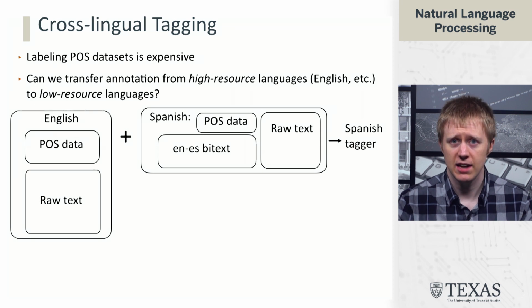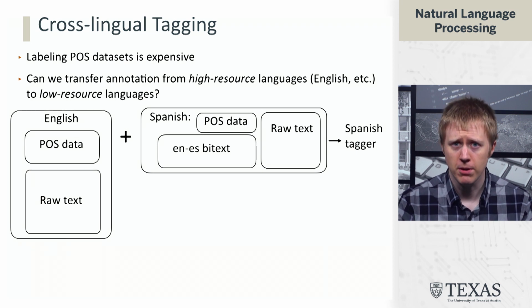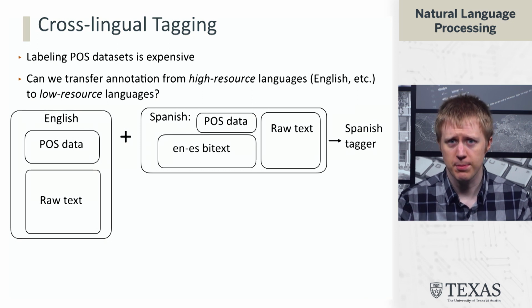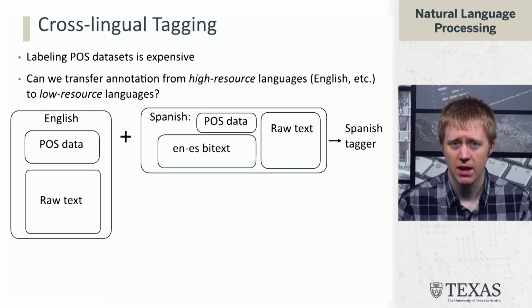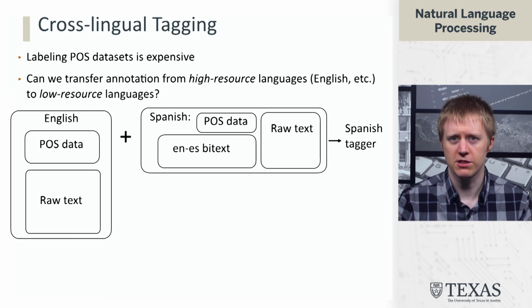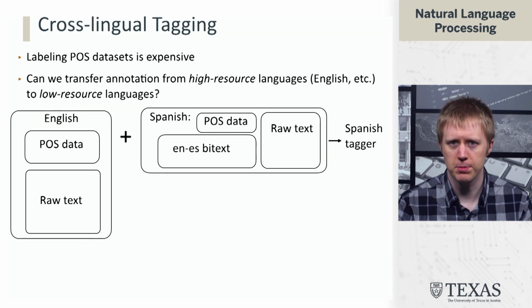And then in Spanish, we have a much smaller amount of part-of-speech data, but we have an English-Spanish bitext, and we also have raw text in Spanish. We want to take this whole hodgepodge of resources and build a Spanish tagger. And we want to do better than just taking the Spanish part-of-speech data and training a tagger over that. The question is, how do we leverage all these things in combination?